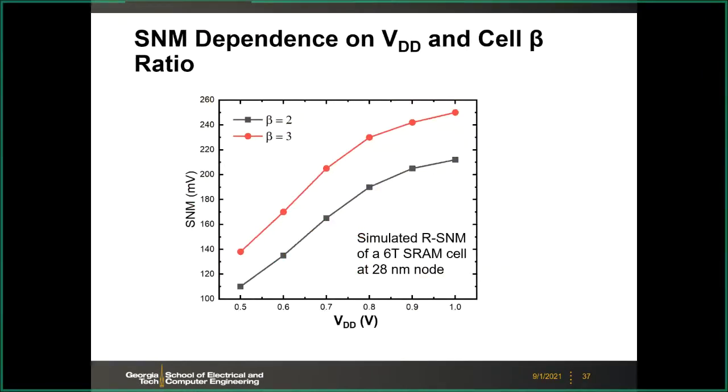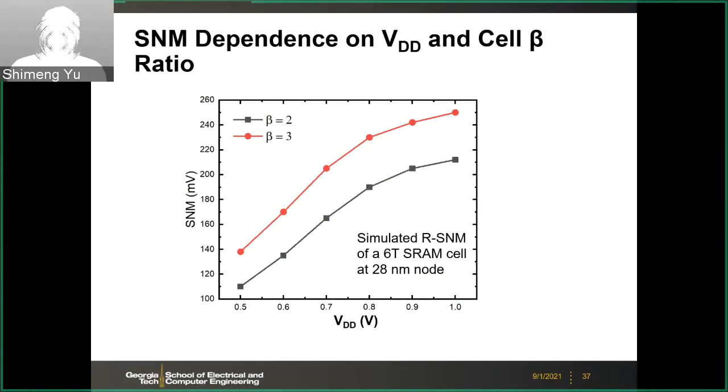So here, we show one example of how the VDD and the beta ratio affect the static noise margin. This is a simulation. I asked one of my PhD students to perform the simulation using a TSMC 28 nanometer PDK on the 6 transistor SRAM cell. This is simulated by SPICE, and we extract the SNM using the butterfly curve. So first we simulate the butterfly curve, and then we extract the static noise margin.